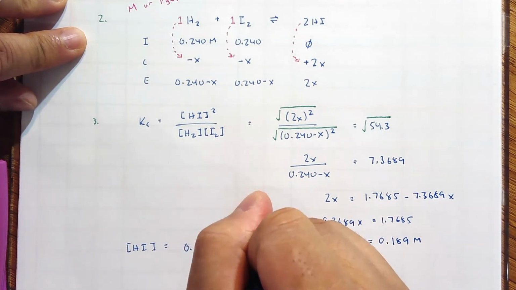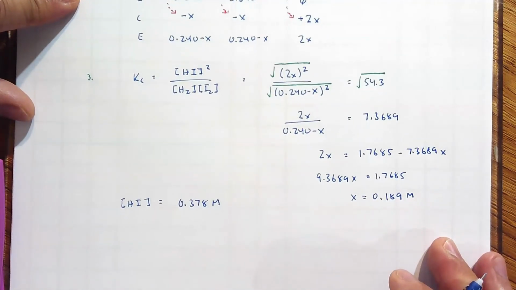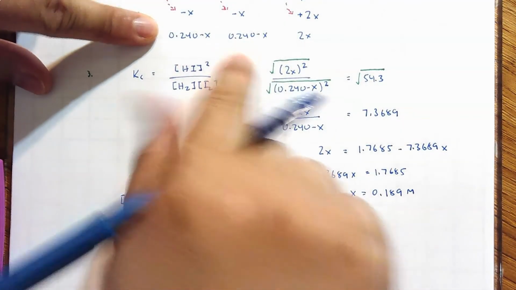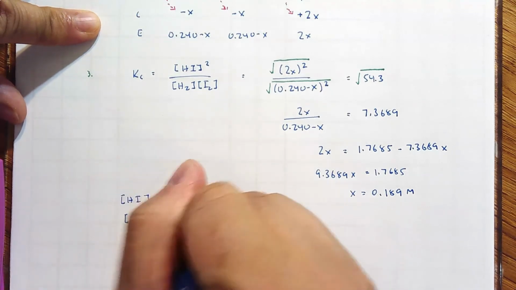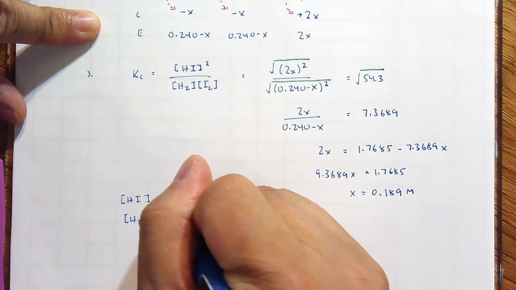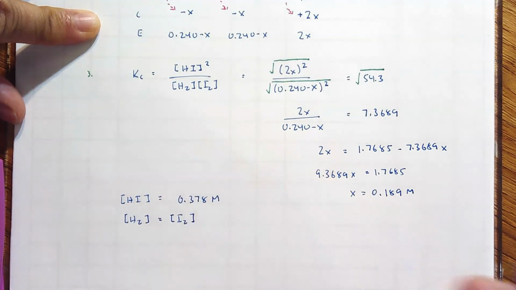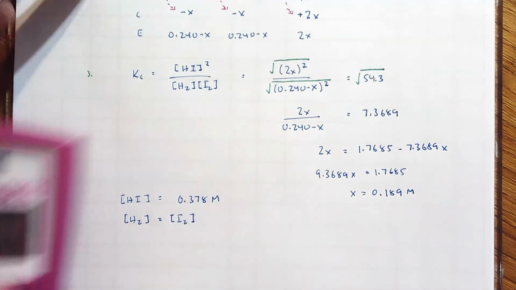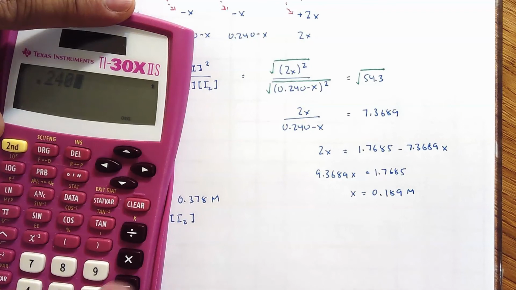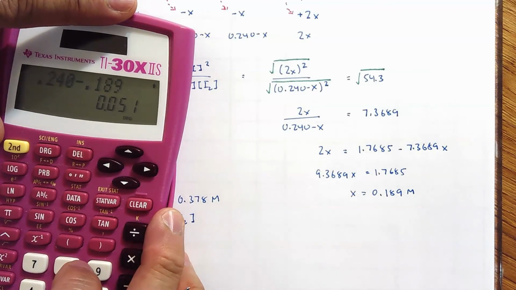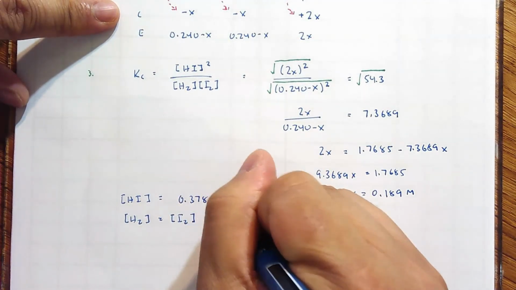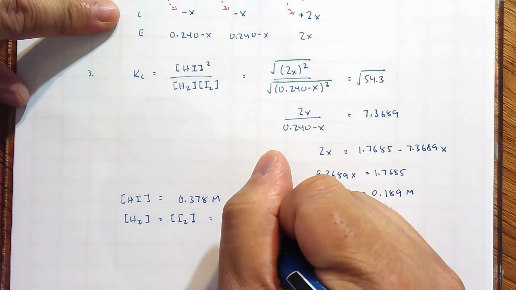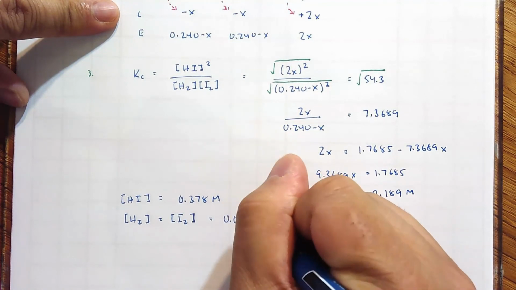The H2 concentration actually equals the I2 concentration, and we are taking 0.240 minus 0.189, which equals 0.051 molar.